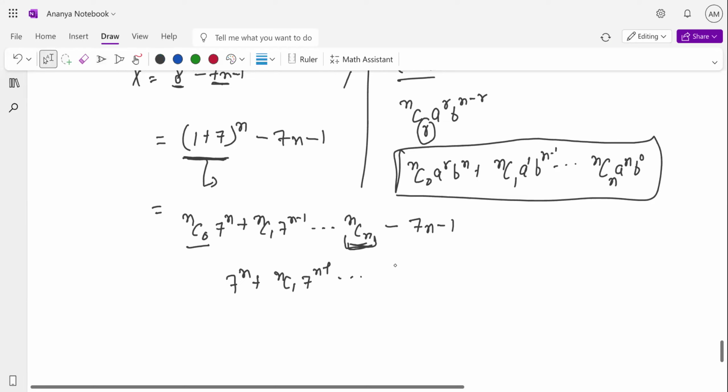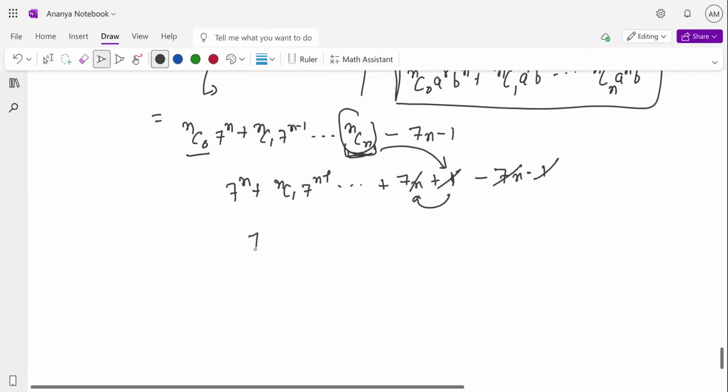Here you will be having plus 7 times of n plus nCn as 1. Look, this nCn has come out as 1 itself. Understood? Yes. I got that. There must be someone previous to it. And you have something like this, something like this. So you can see we have got it cancelled out. Is that clear? Yes, sir.